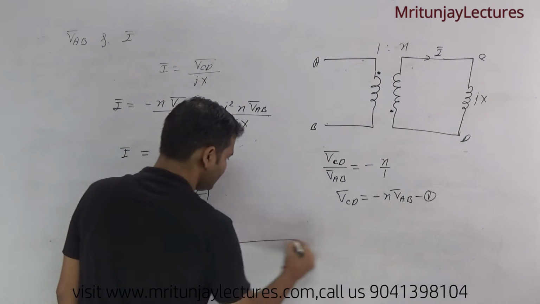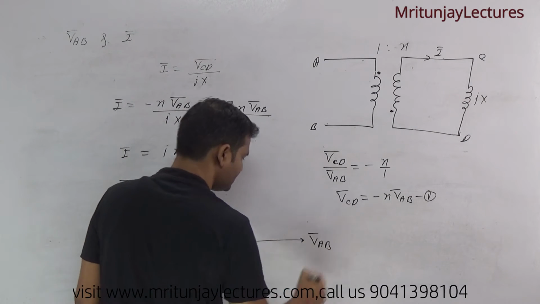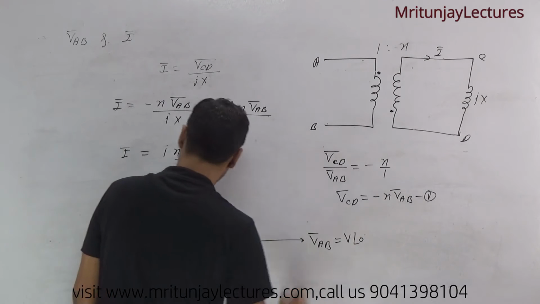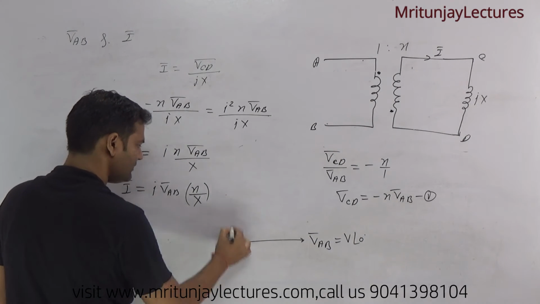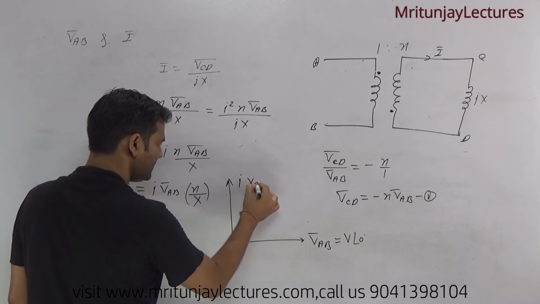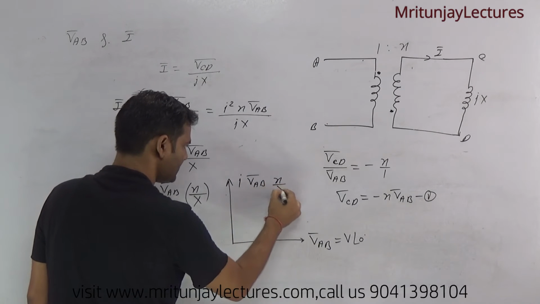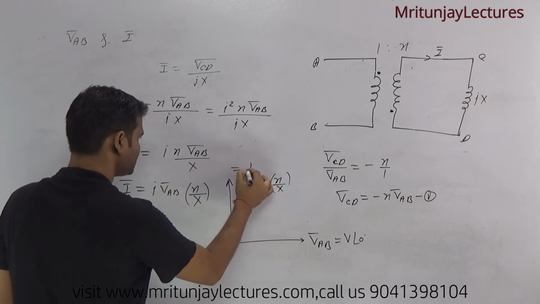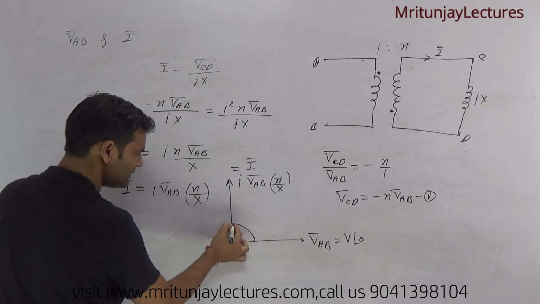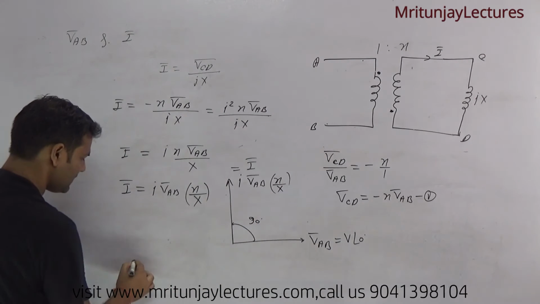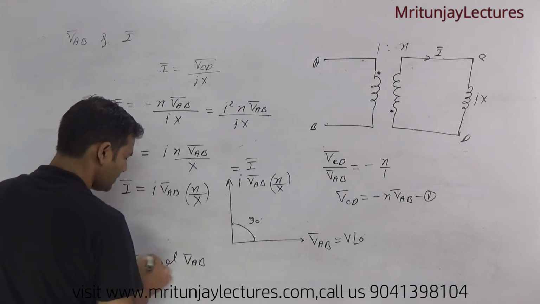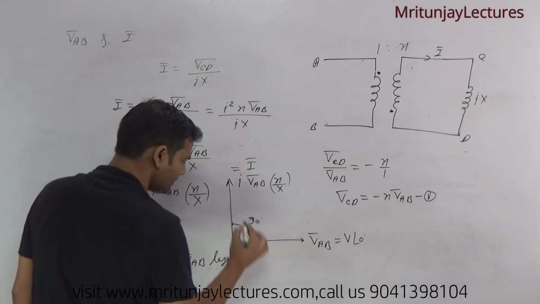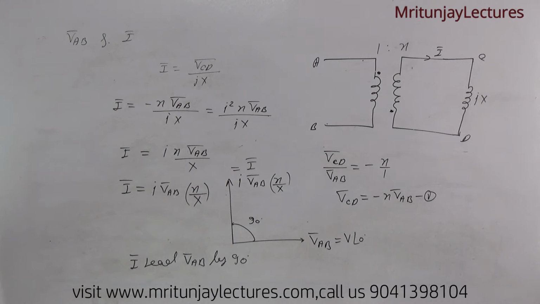Now, if we make V of AB like this, V at the angle 0, then what about j V of AB? It is j V of AB into n divided by capital X, and this one is capital I. I leads V of AB by how much angle? 90 degrees. Clear? First of all, make it clear.